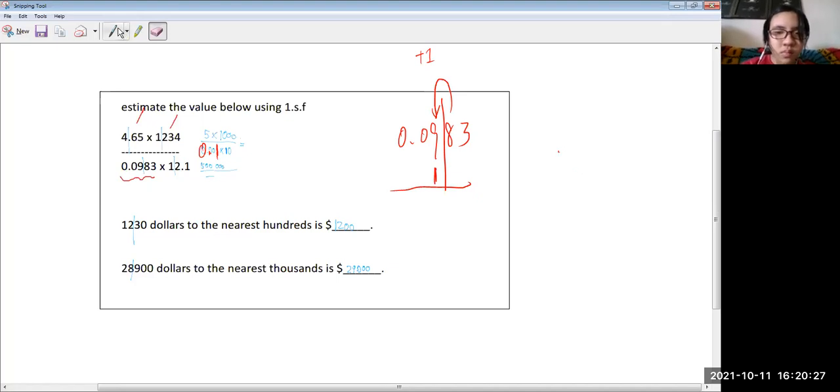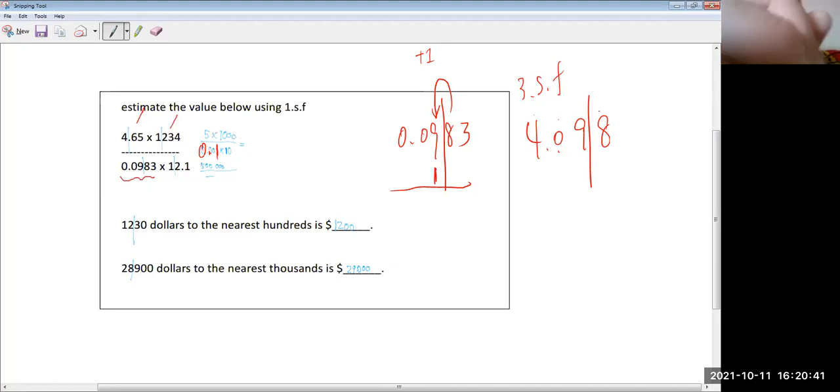Let's say I give you 4.098. If I ask you to go for 3 significant figures, you have 1, 2, 3. So you do it here, and you plus 1 just to the 9 here, not to the 4. Once you add to the 9, you will see that you have 1, 0 here.